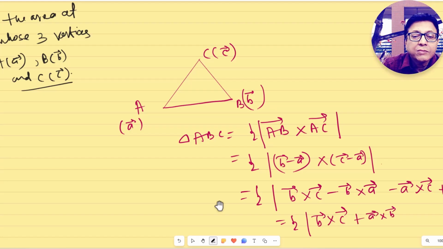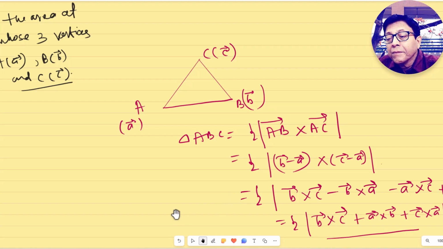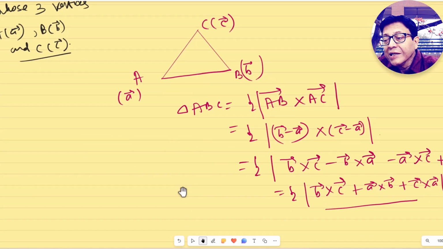Alright. So now area of ABC you got, you just calculate in simplified form. B cross C, B cross A minus A cross C plus A cross A. So this is going to be half B cross C minus B cross A is A cross B plus, okay.